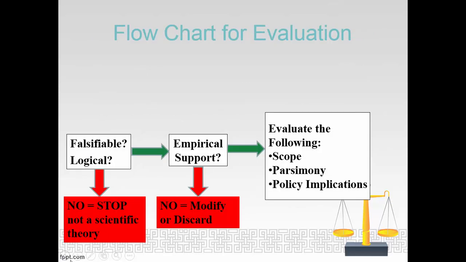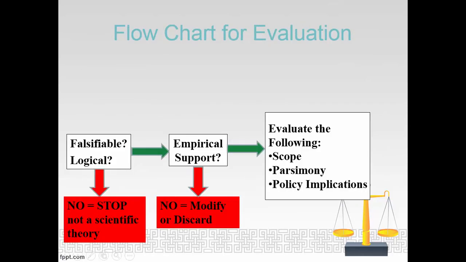If it's not, it's not a real theory, not a useful theory in science. If it is, the next big question is, when we go out into the real world and make observations and test it, is it right? If it's completely wrong, you have to get rid of the theory or modify it. If it generates empirical support, then you can judge the sexiness of that theory using these other criteria.